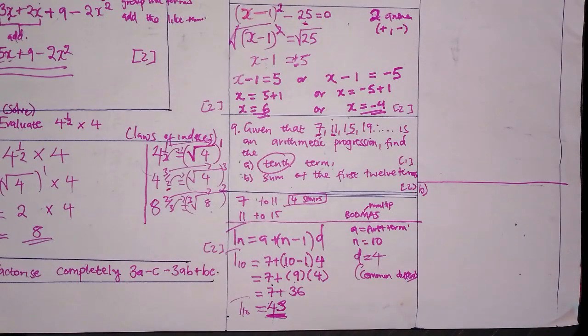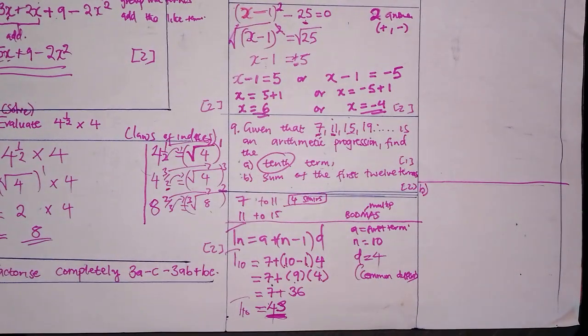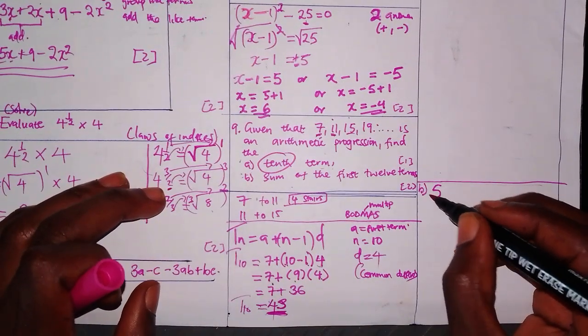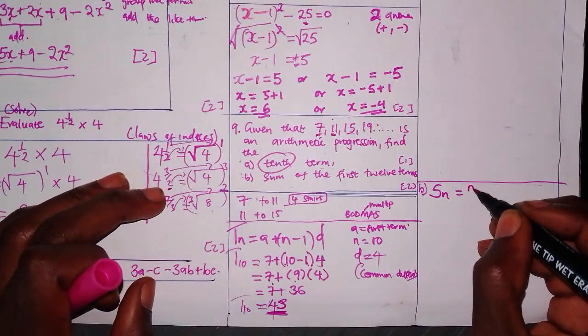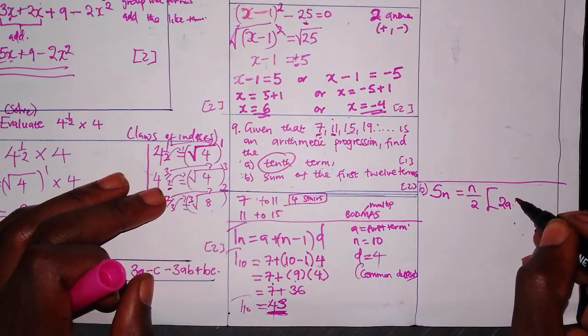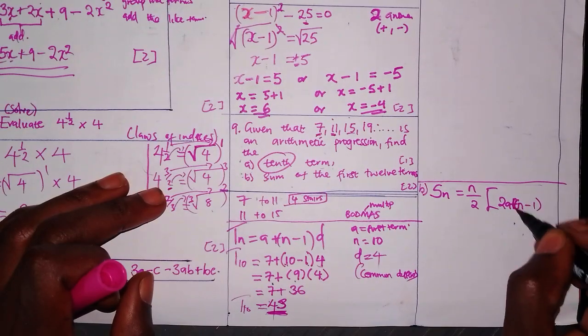The letters are the same, so the meaning will be the same. So the formula is the one which is different. So we have the sum S n equals n divided by 2, times 2a plus n minus 1 times d.